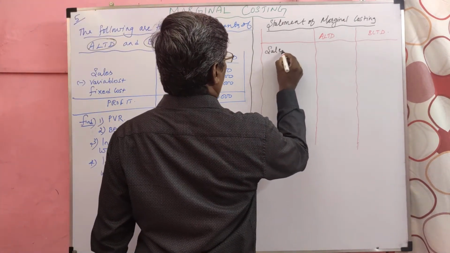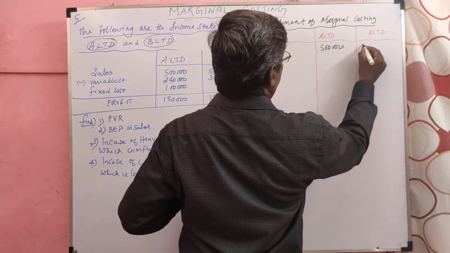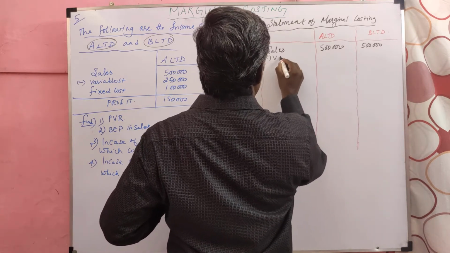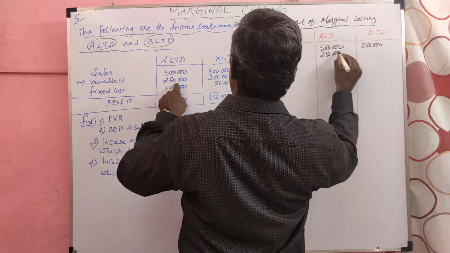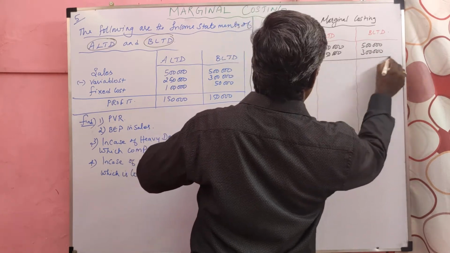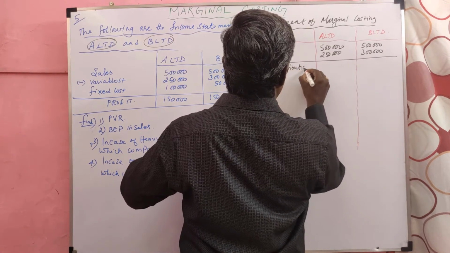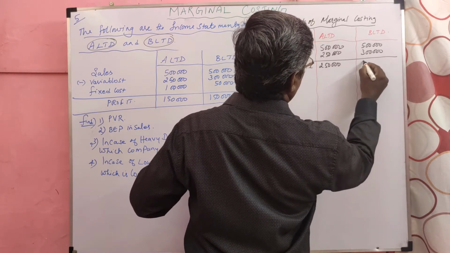Sales: A Limited 5 lakh, B Limited 5 lakh. Minus variable cost: 2,50,000 and 3 lakh. Our contribution: 2,50,000 and 2 lakh.